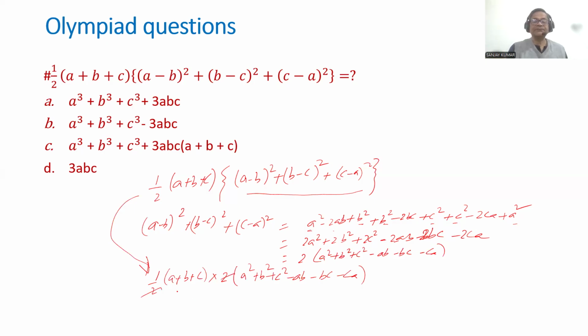And what is this value? a plus b plus c into a square plus b square plus c square minus ab minus bc minus ca. What is that? This is equal to nothing but a cube plus b cube plus c cube minus 3abc.